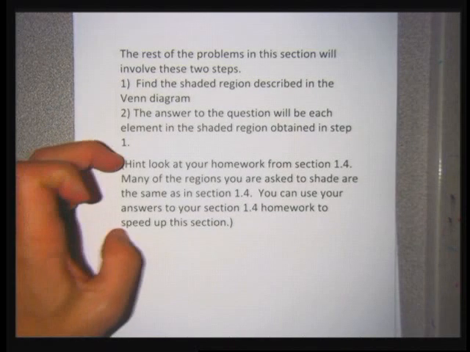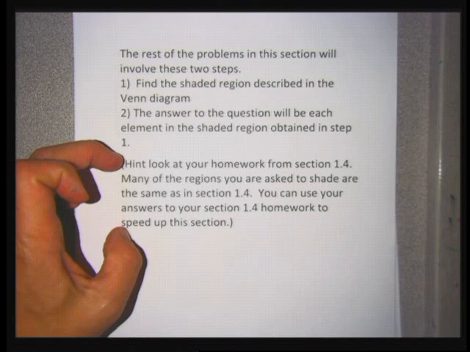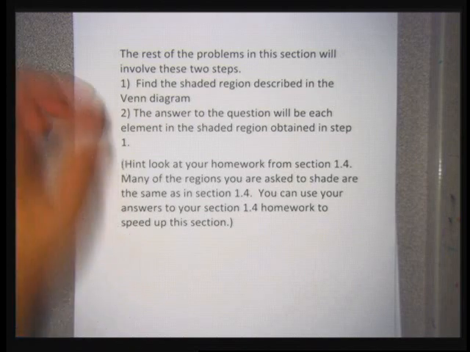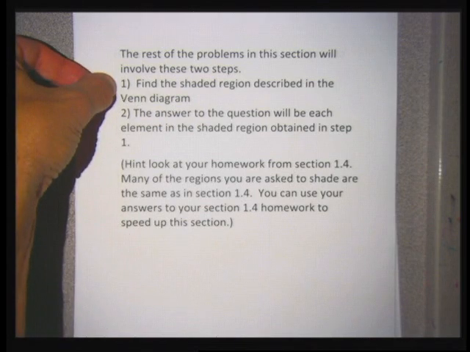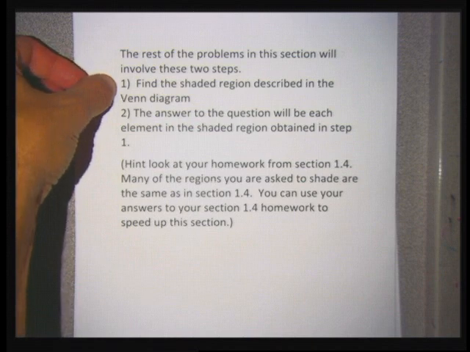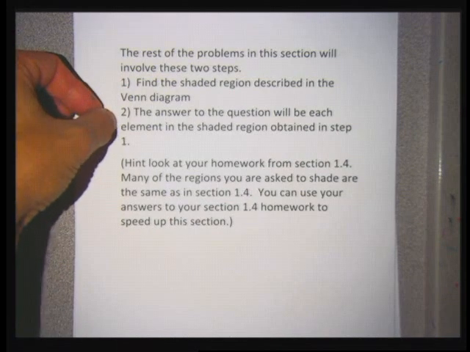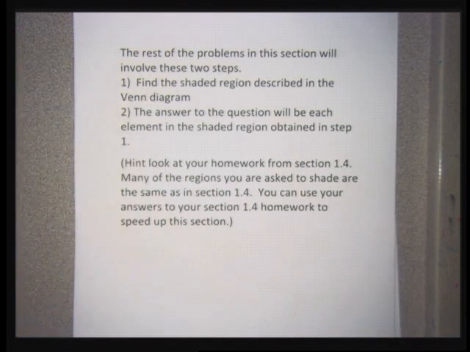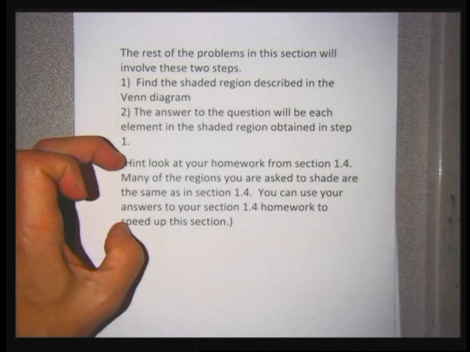So the big hint as you do the homework in this section: first find the shaded region represented by the union, intersection, complement problem, apply that shading to the Venn diagram, and then any number or letter in the shaded region will be part of my answer. Many of the regions are the same as we did in section 1.4.